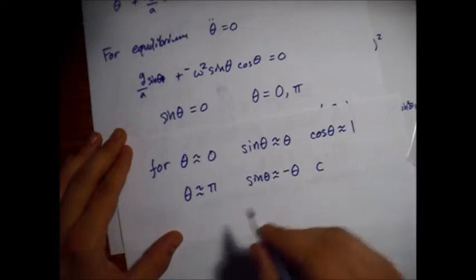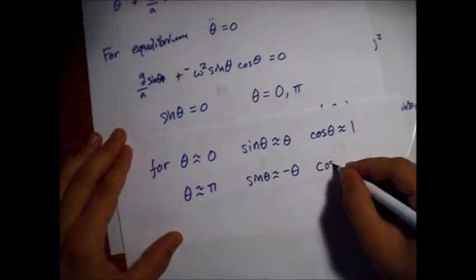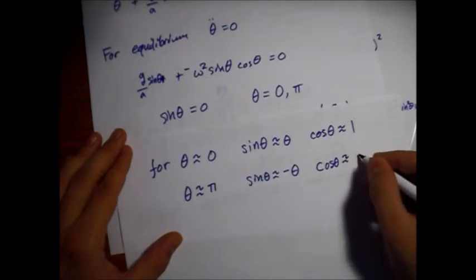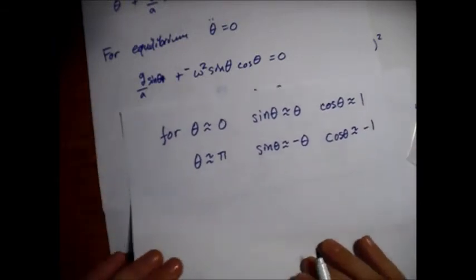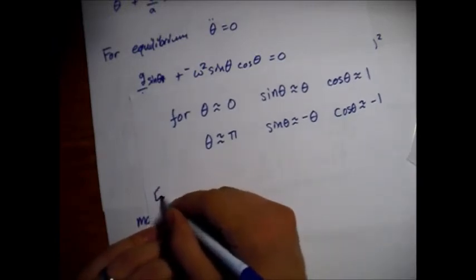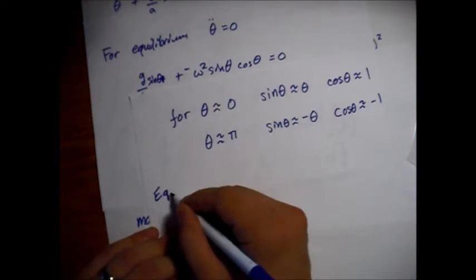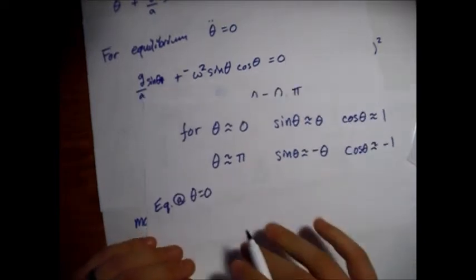And cosine in that same amount of time has switched sign, and it's now about equal to minus 1. Okay, so let's do equilibrium at theta equals 0 first.